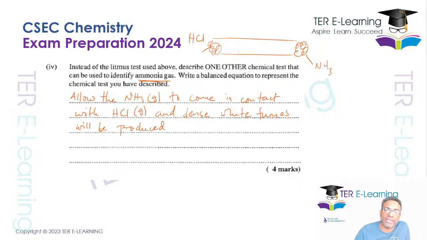So the equation that they want here is this: NH3 gas plus HCl gas. They're going to combine and you're going to get NH4Cl, that's ammonium chloride, solid. And that's the white fumes that we're going to get there. So this here is your dense white fumes. This is a confirmatory test to test for ammonia gas.